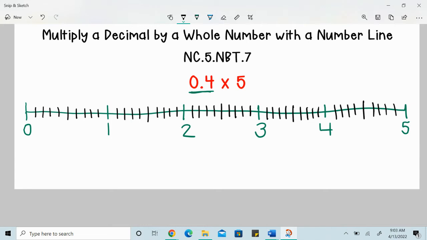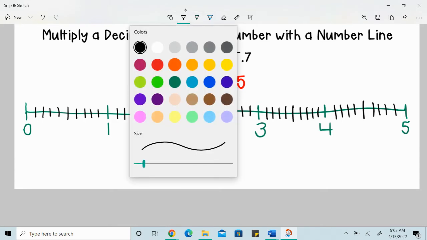So now that I have split each of the wholes into tenths or 10 equal parts, I can go back and find just 4/10 of each of these 5 wholes. So I'm going to switch my color here.